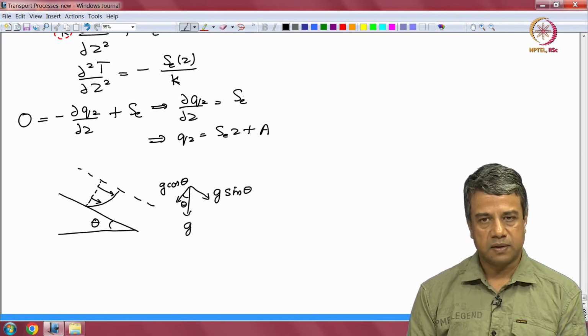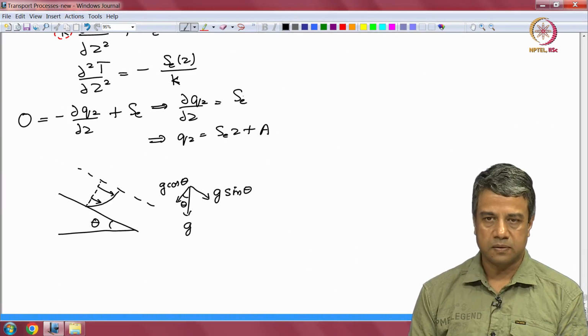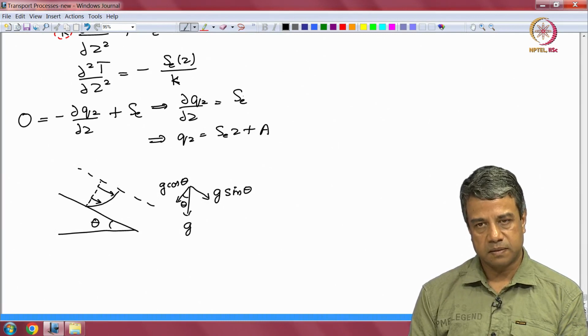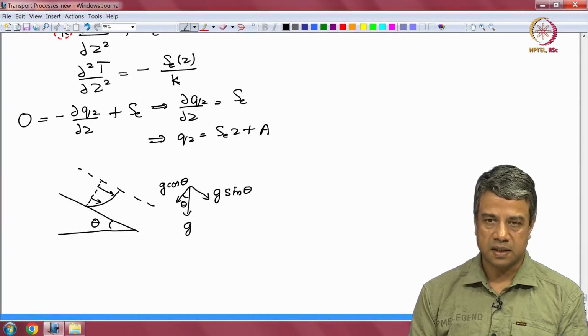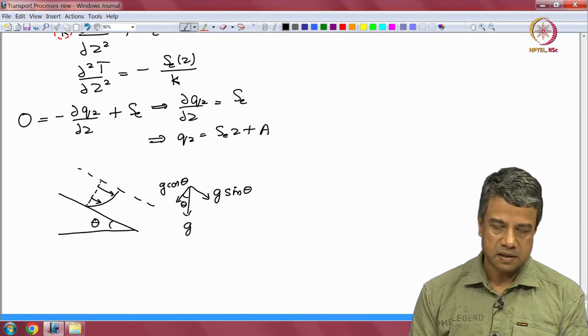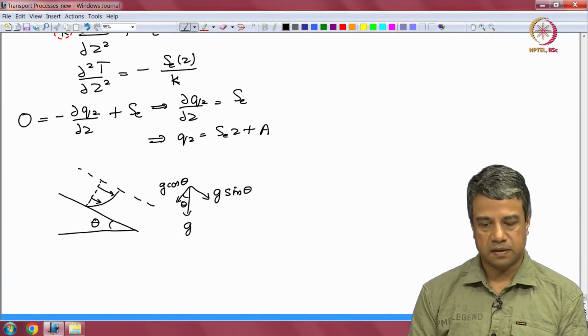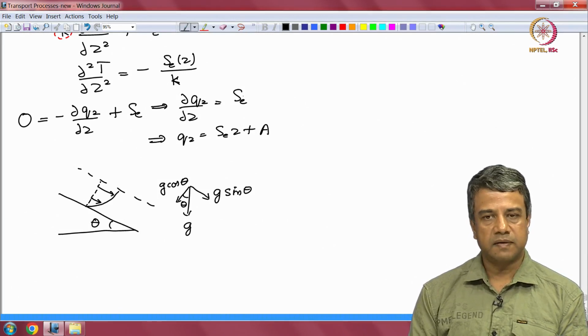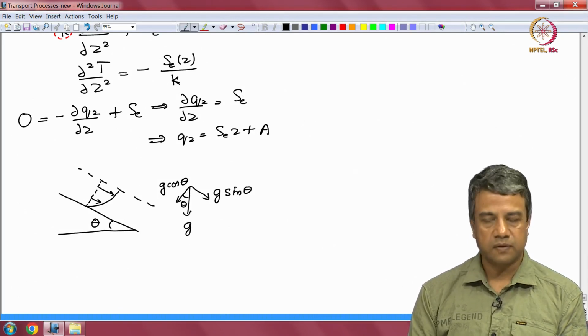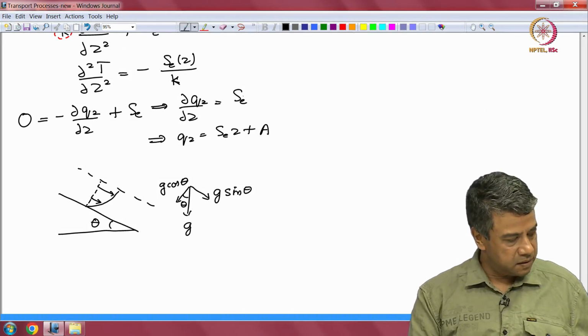So, when the plane is horizontal, theta is equal to 0 and there is no component along the plane. If it is vertical, theta is pi by 2, and sin theta is 1. So, the gravitational acceleration is along the plane if it is vertical. So, the component of the acceleration in the flow direction is g sin theta.